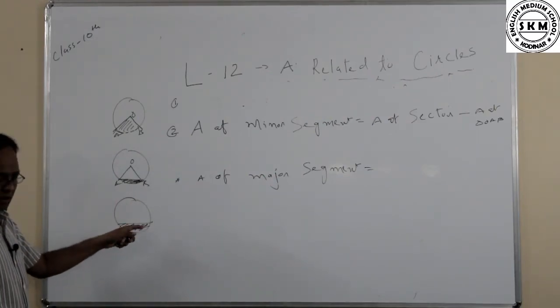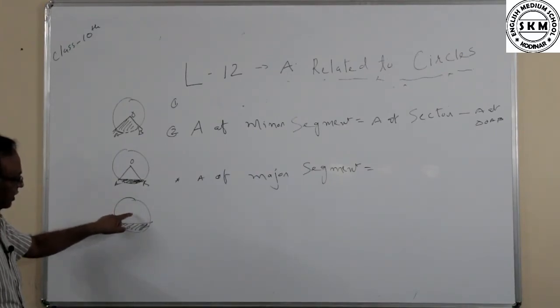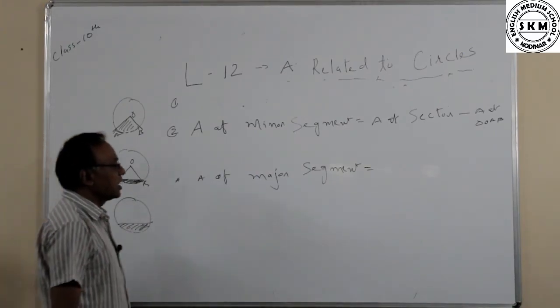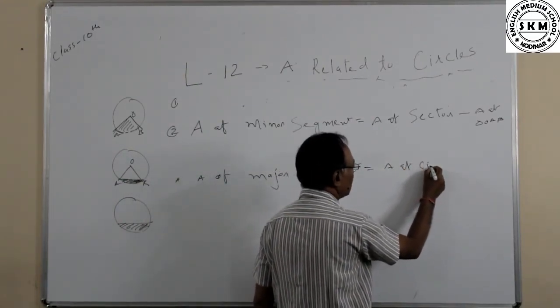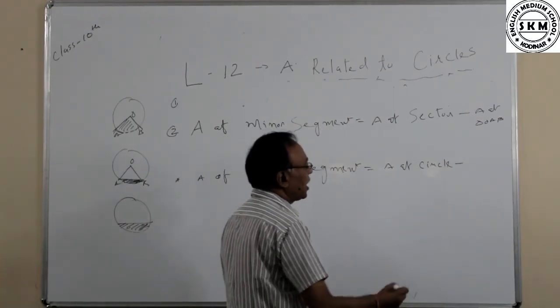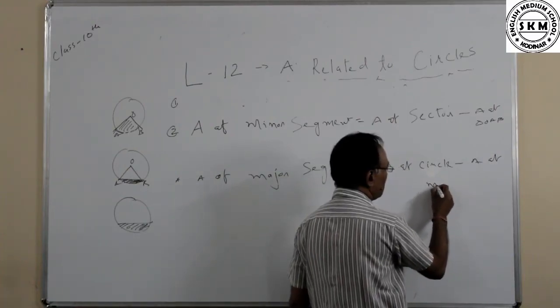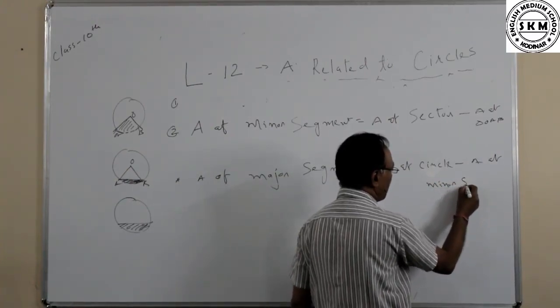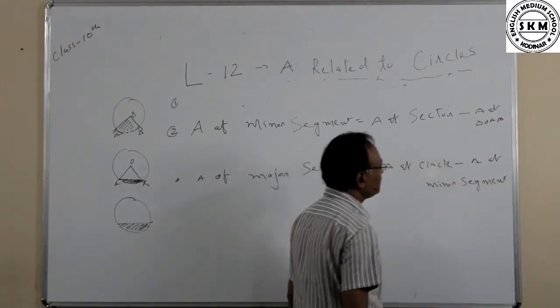We want to find out the area without the shaded part. So area of the circle minus area of the minor segment.